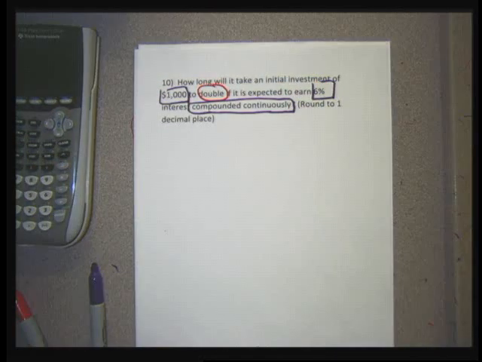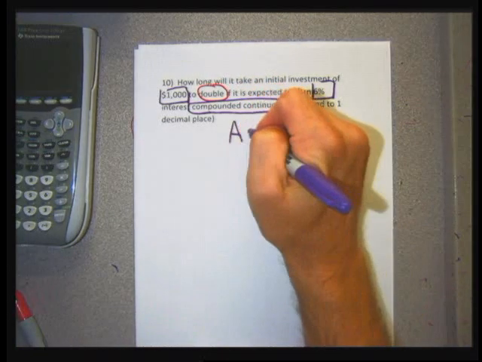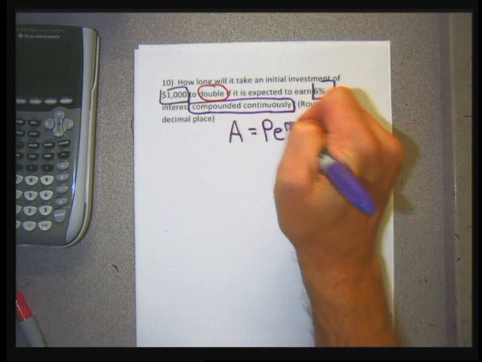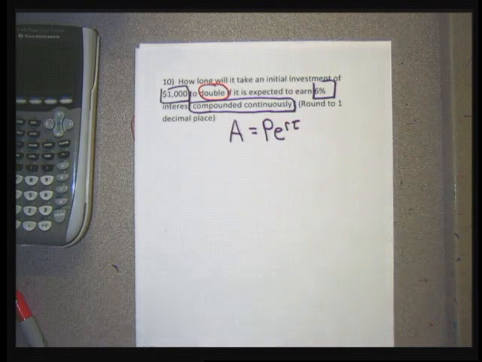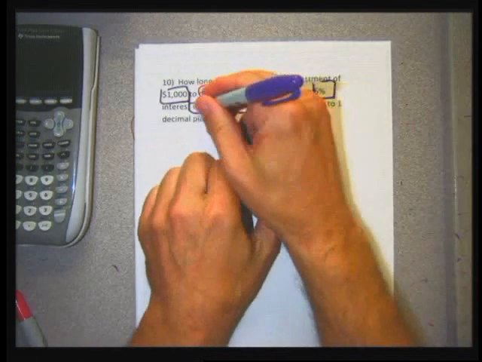We haven't got to that yet because that word hasn't been in any of our problems, but that's a key word in this problem. So as I read through the question, immediately when I see the word compounded continuously related to money, I know I'm using the formula A equals PE to the RT. So that takes care of the continuously part of this.